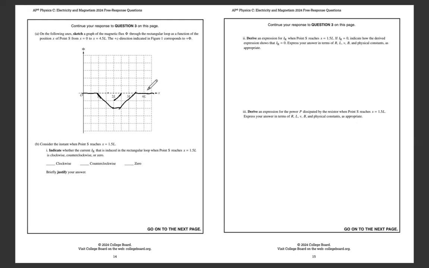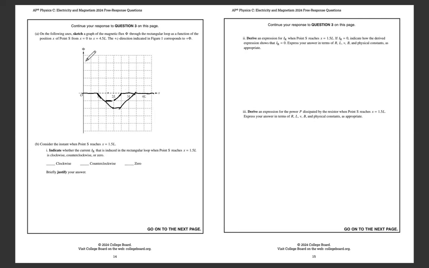So what's actually happening here is you're going to have an induced current for less time, because as the right side of the bar goes from 1.5 L to 2L, you're going to have a constant flux. So the new flux as a function of time is still a trapezoid, but you'll have that trapezoid for less time.